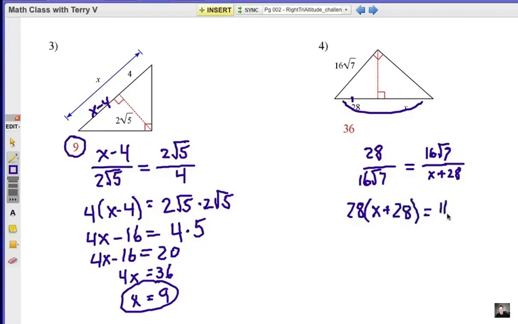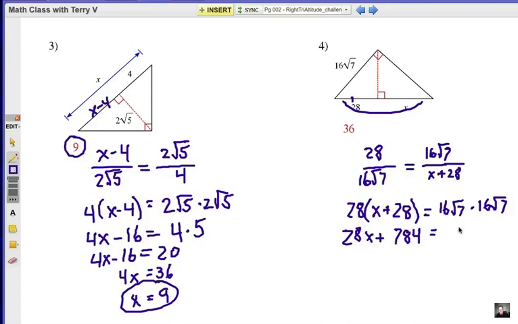And similar to the previous problem, we're going to have 16 radical 7 times 16 radical 7. So multiplied with the distributive property, it's going to give me 28x plus 28 times 28, which is going to be 784. You can double check that on your calculator if you wish.